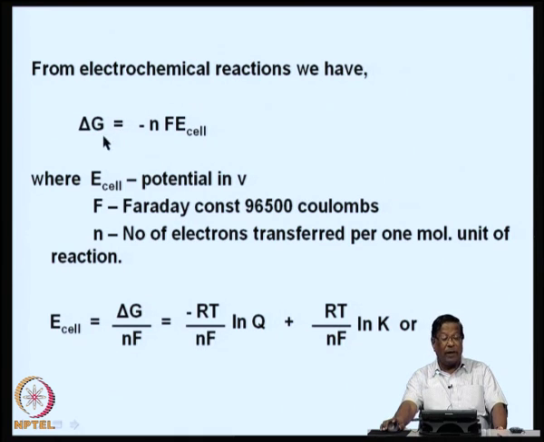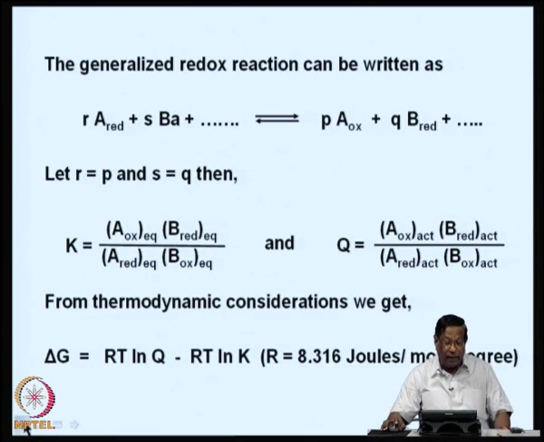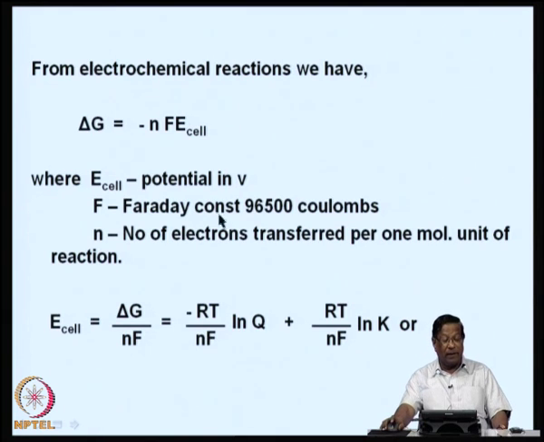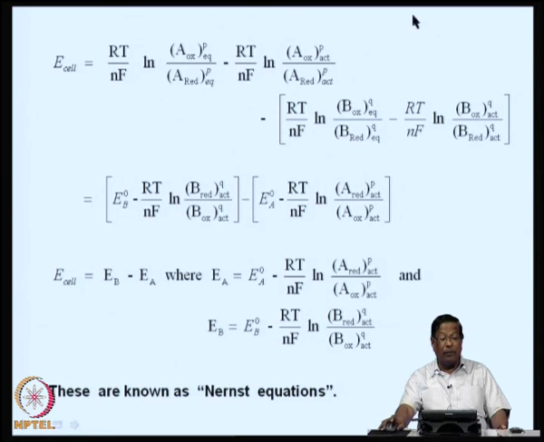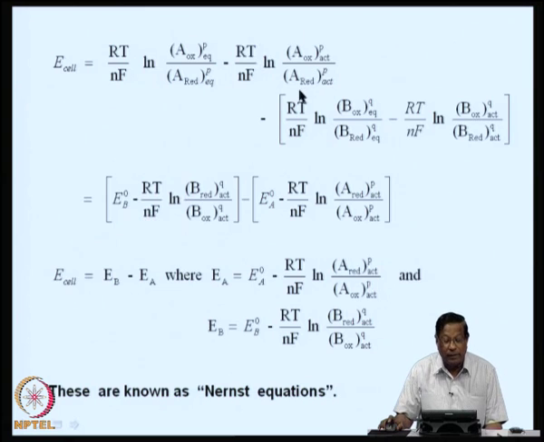Comparing these two equations, this is delta G with respect to electrochemistry, and on the previous slide delta G the thermodynamic quantity. Then we have combined these two and equated. Then we have written E cell is equal to minus RT by nF ln Q plus RT by nF ln K. Then we have separated the equilibrium and activity coefficients with respect to species A and species B.